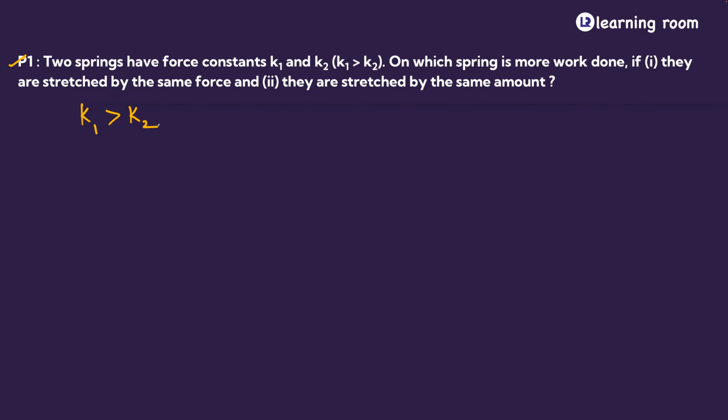So they are stretched by the same force. Fs is equal to minus K1 into X1, and Fs is equal to minus K2 into X2. Why did I write it like this? Because the force is supposed to be the same.